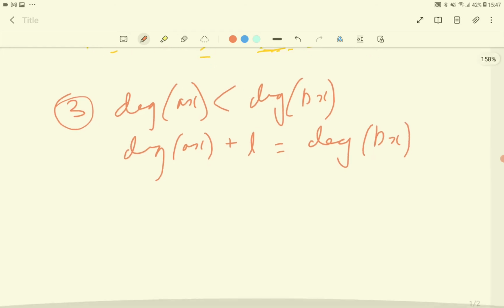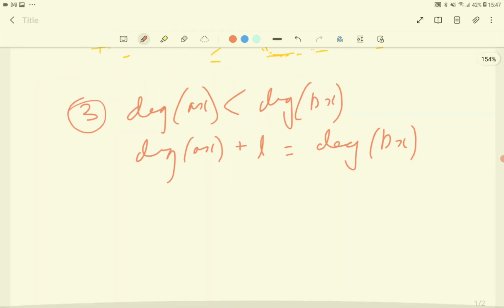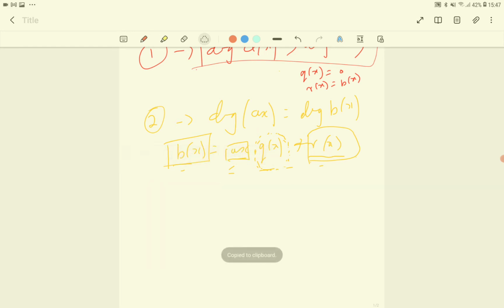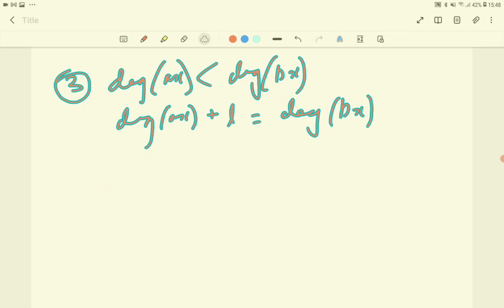Well, in this case, let's go to the next page. Yeah, so I'm back here.